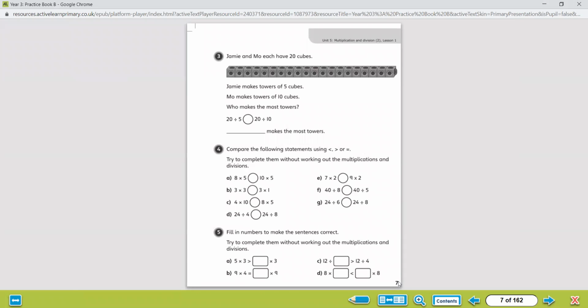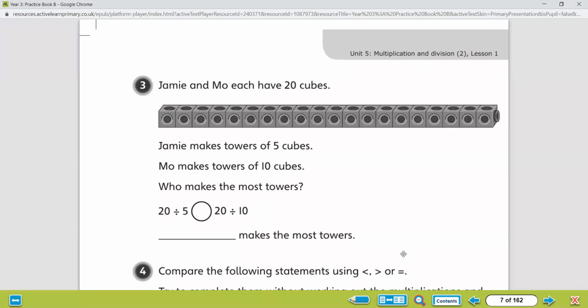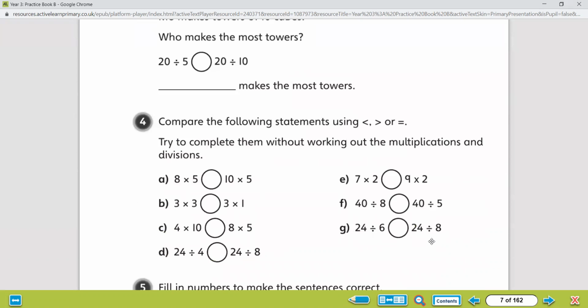So I'm now going to explain your tasks. You're going to do question 4 and question 5. Looking at question 4, you're probably going to have to pause the video whilst you do this. You're going to compare the following statements using less than, greater than, or equals. Try and complete them without working out the multiplications and divisions. Maybe look at 8 times 5 and 10 times 5 and think, they're both multiplying by 5.